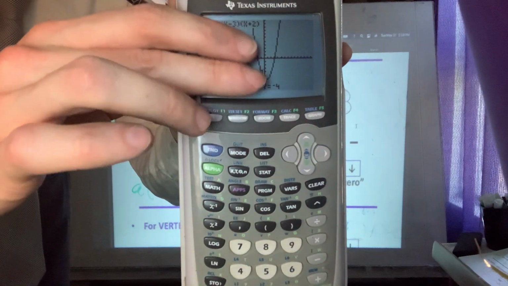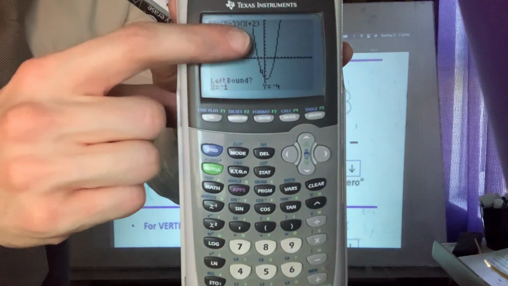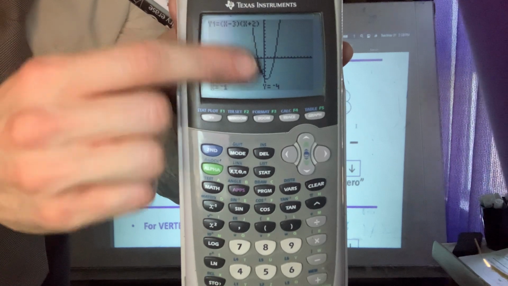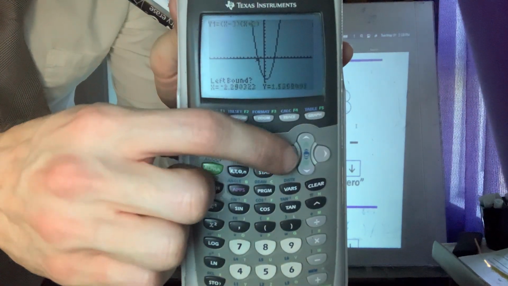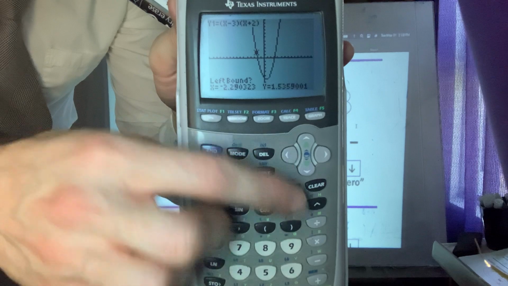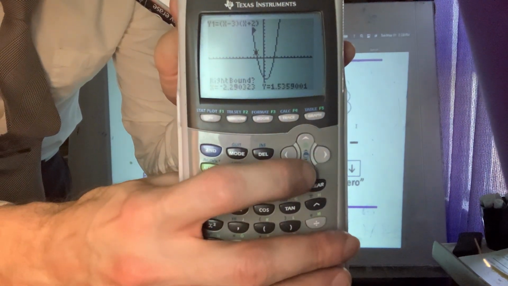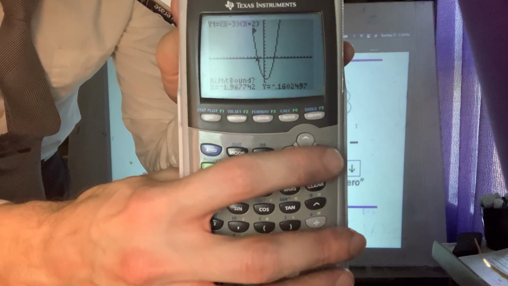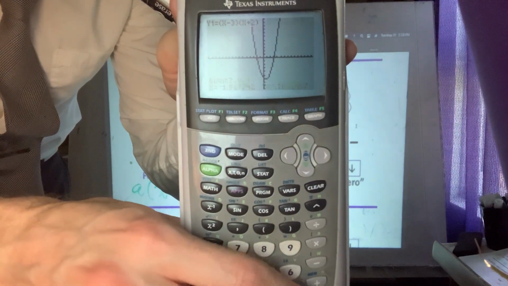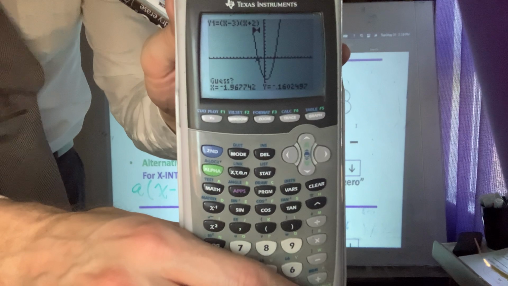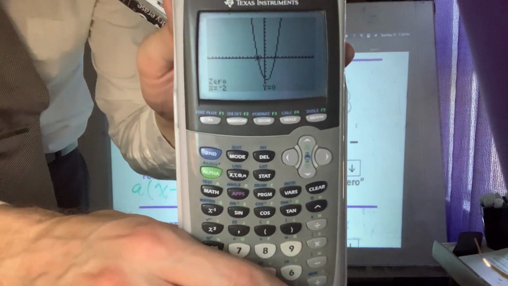You're zeroing in on around where you would expect the x-intercept to be. So I'm going to scoot this up. That would be as far to the left as I wanted to look. Then you say enter. And then just a little underneath there. And then say enter. And then it asks you somewhat redundantly, do you want me to guess? And you go, yeah.